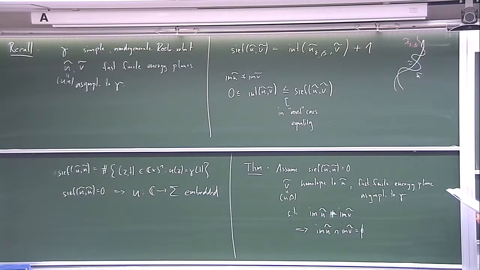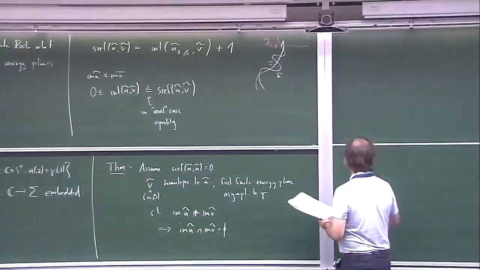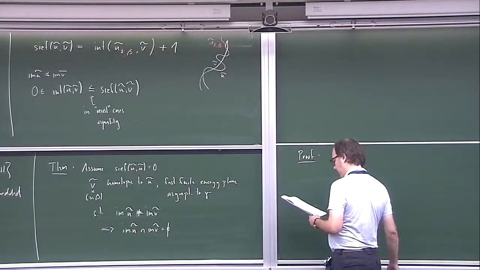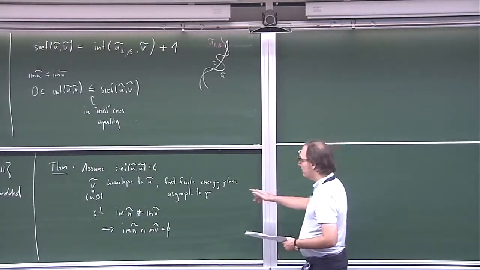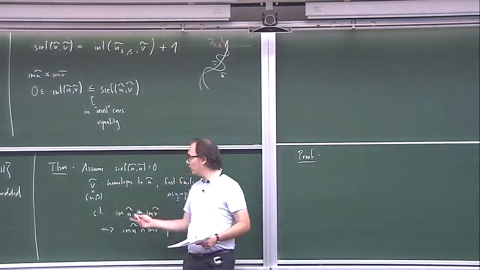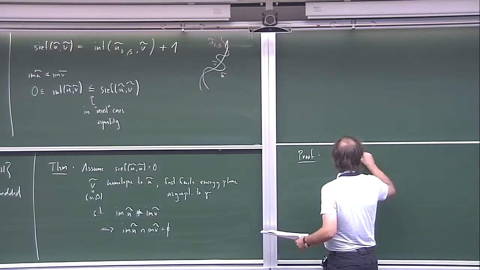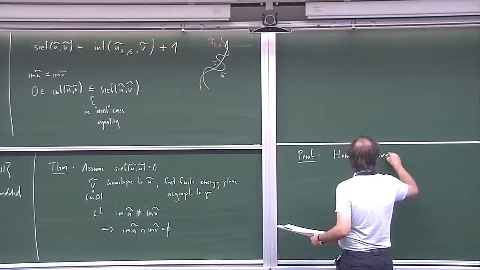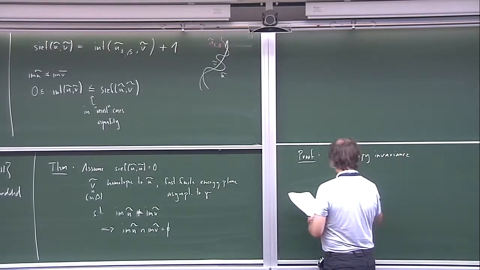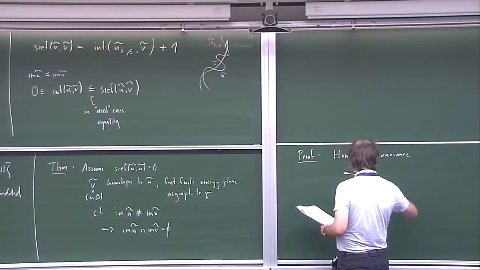And so the proof is so: because ṽ is homotopic to ũ, we have homotopy invariance. So homotopy invariance implies that the Siefring intersection number of ũ and ṽ is 0.